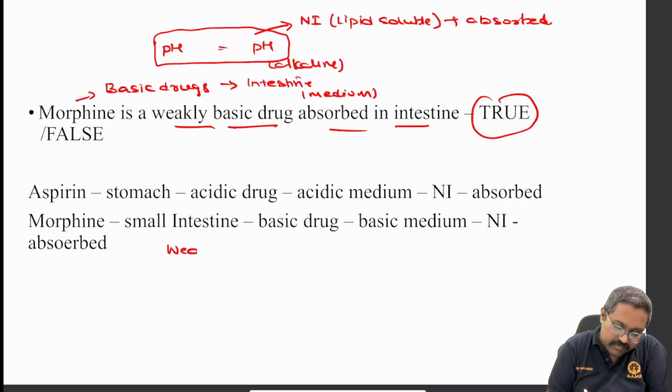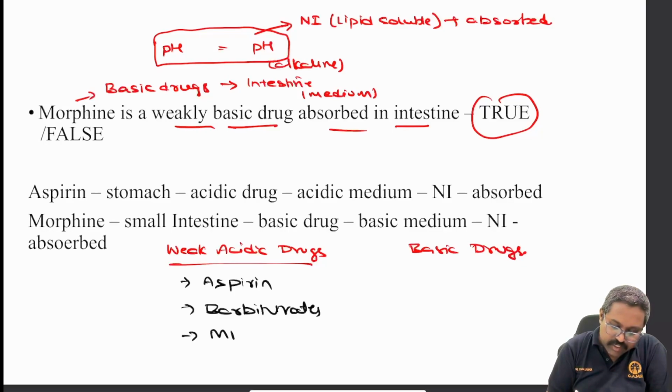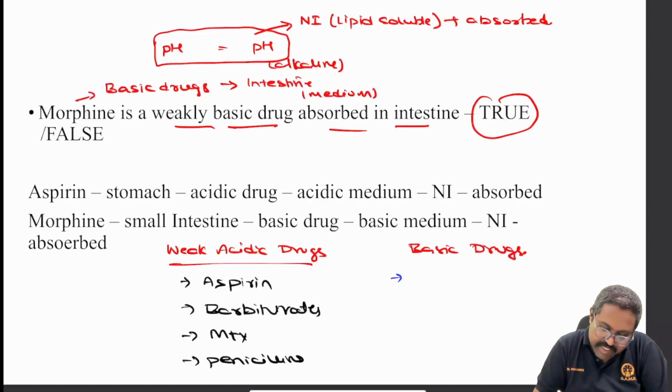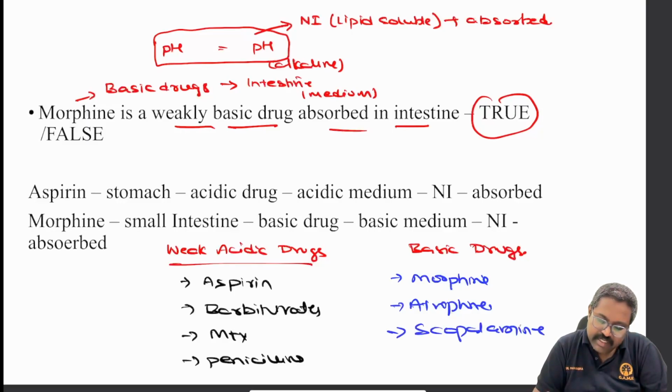Examples of acidic drugs are aspirin, barbiturates, methotrexate, penicillins, etc. On the other hand, we have basic drugs like morphine, atropine, scopolamine, etc. What is the one thing you find when we write the basic drugs?